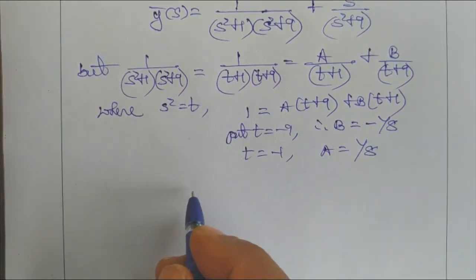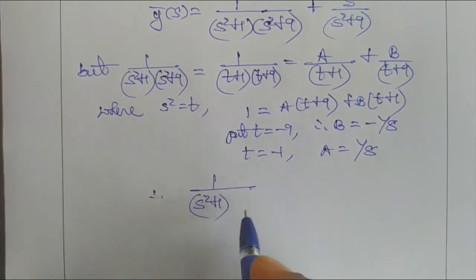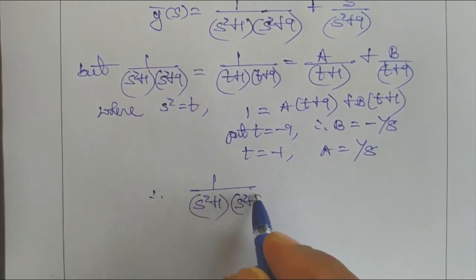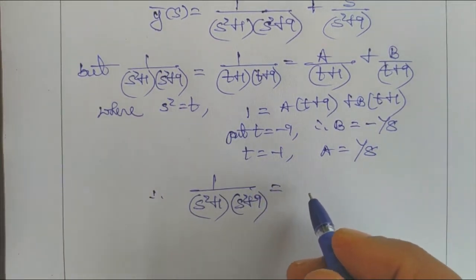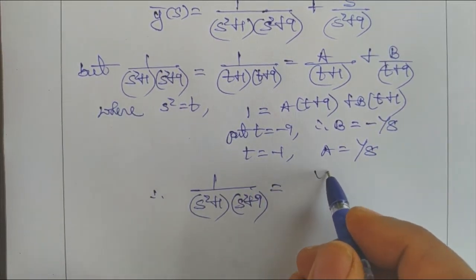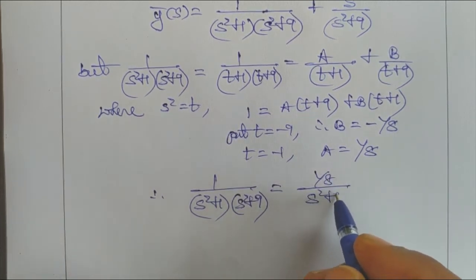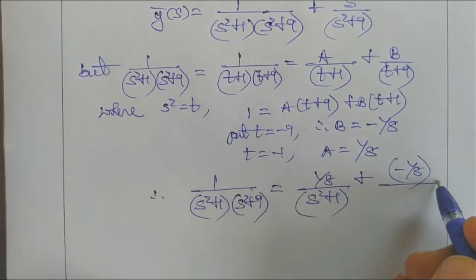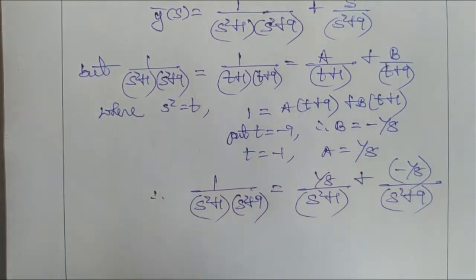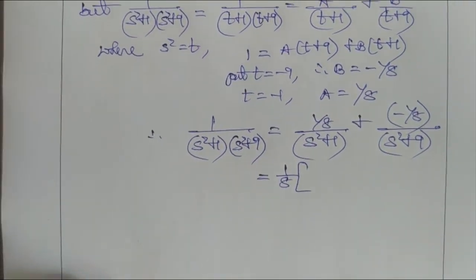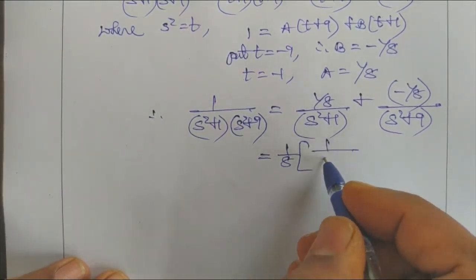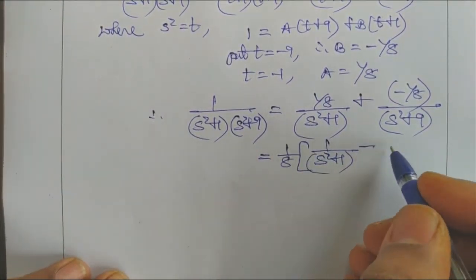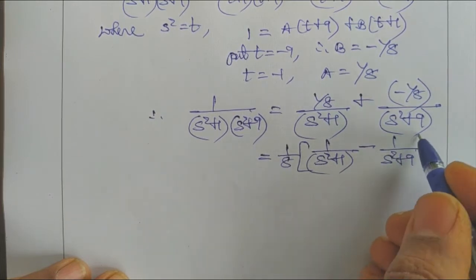So therefore substituting that, 1 divided by s square plus 1 into 1 divided by s square plus 9 is equal to 1 by 8 divided by s square plus 1, plus minus 1 by 8 divided by s square plus 9. Now 1 by 8 is common, so 1 divided by s square plus 1 minus 1 divided by s square plus 9.